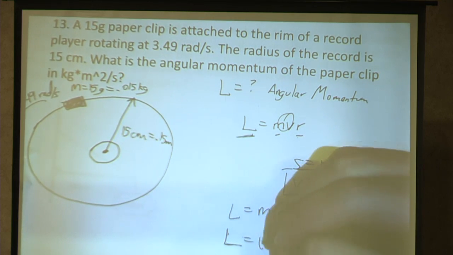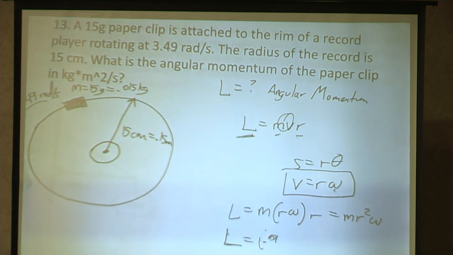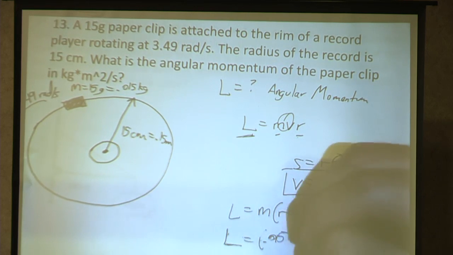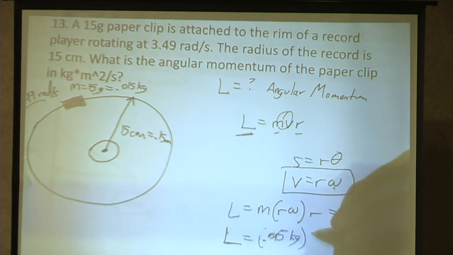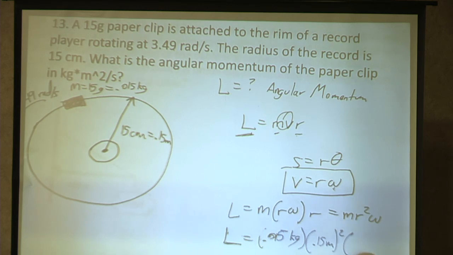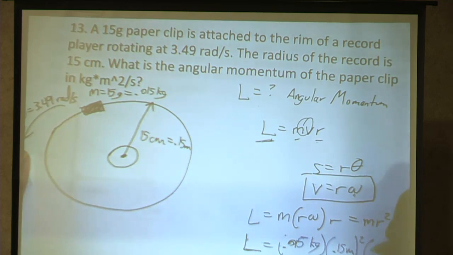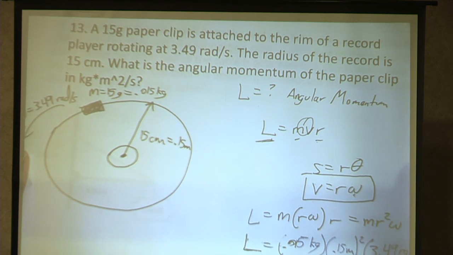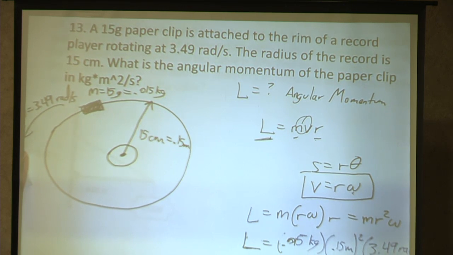So we have 0.015 kilograms times the radius, which is 0.15 meters squared, times that angular velocity that was given, 3.49 radians per second. Okay.